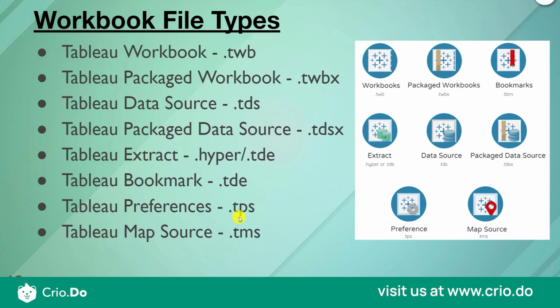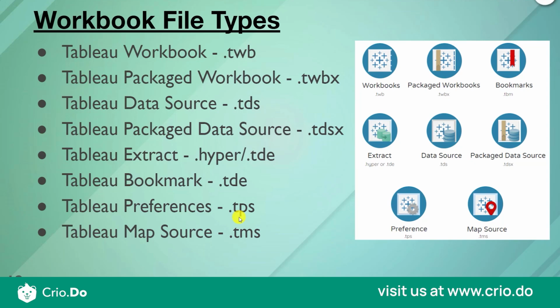So the next one would be Tableau extract. This is called .hyper or .tde. So what are these? Depending upon the extract you have created, Tableau extracts can have either a hyper extension file or a .tde extension file. These are the extract files. It can be called a local copy.